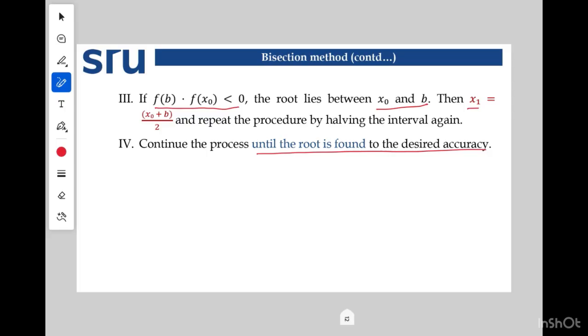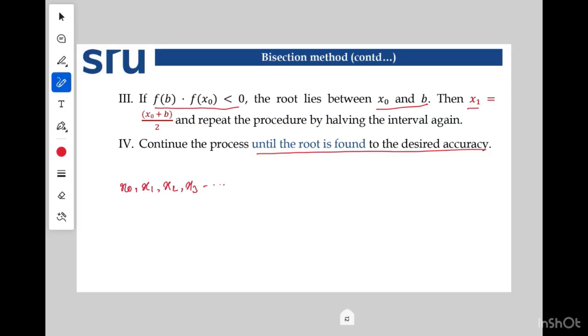So this is basically what we are doing here. If you see, we are calculating x naught, x1, x2, x3 up to xn.